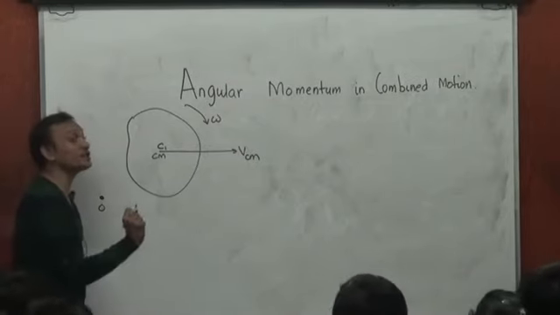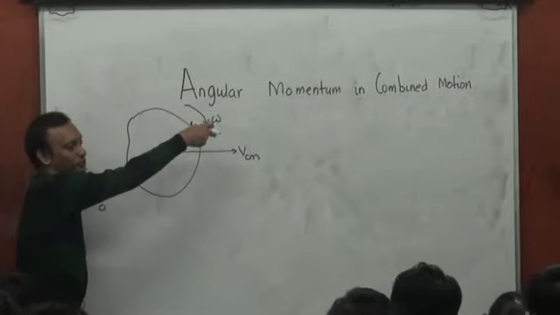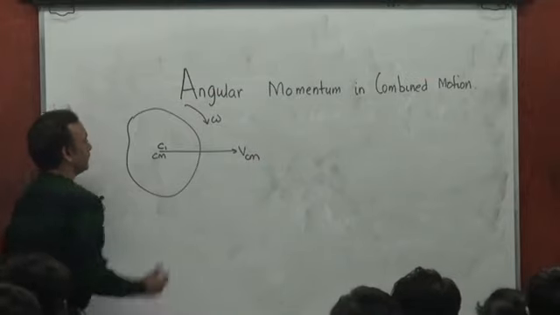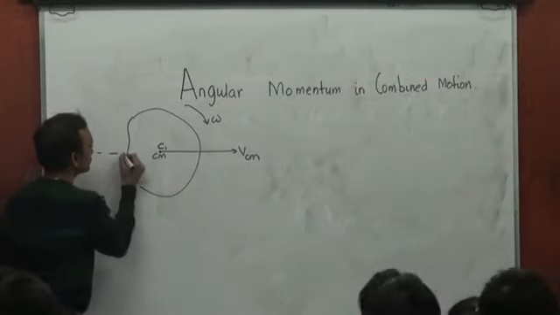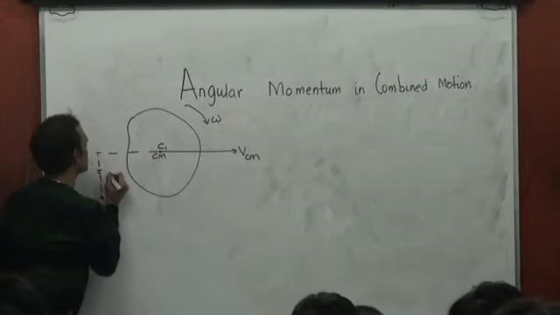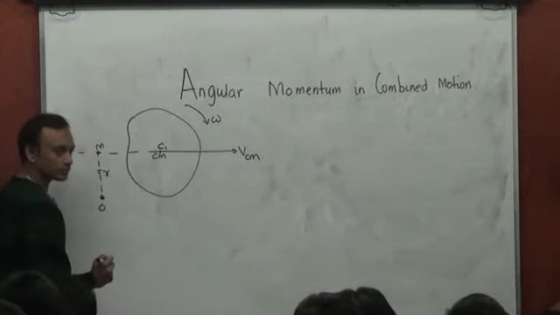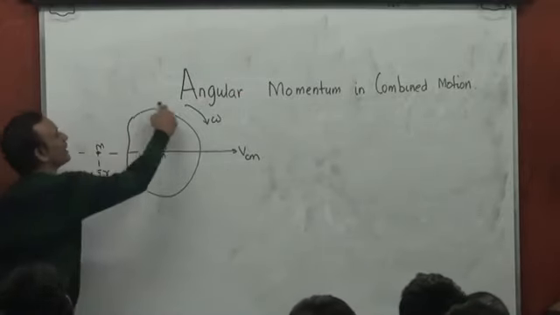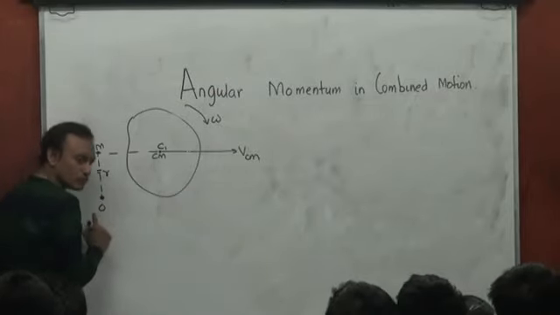Not only are they translating, the line is also reorienting itself. Say this distance OM is small r. I want to find the angular momentum of this system about O.